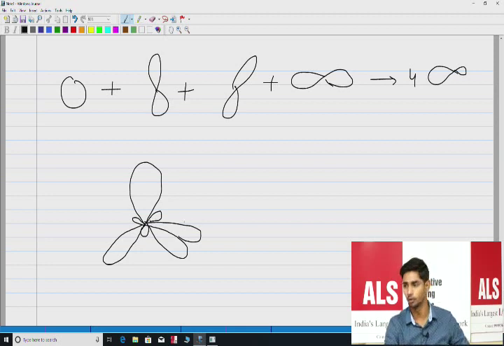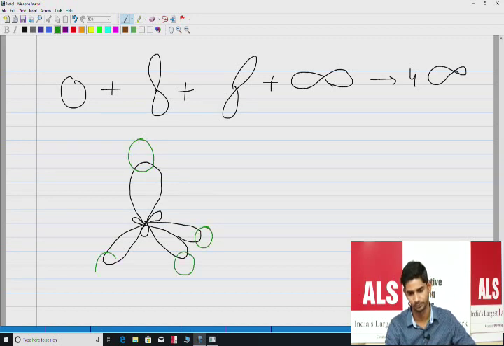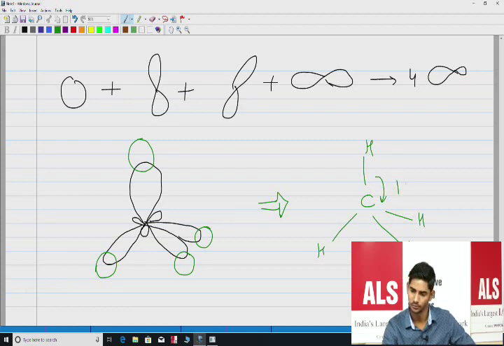This is the arrangement of the four orbitals. Now, in CH4, the next surrounding element is hydrogen. So the outermost orbital would be s, so that one will have the spherical shape. And you can check out: carbon, hydrogen, hydrogen, hydrogen, hydrogen. And the bond angle is 109 degree 27 minutes.